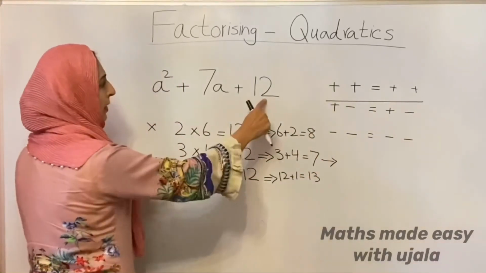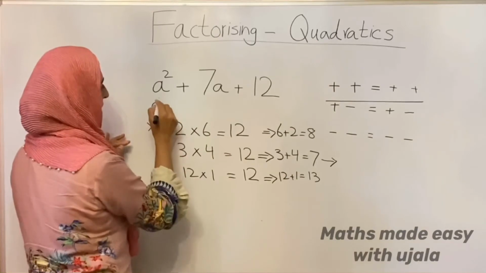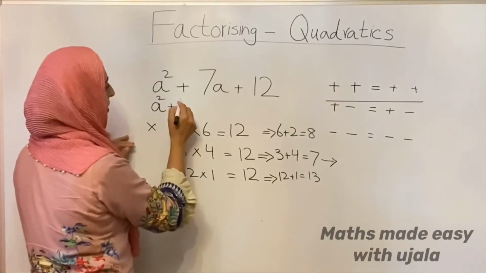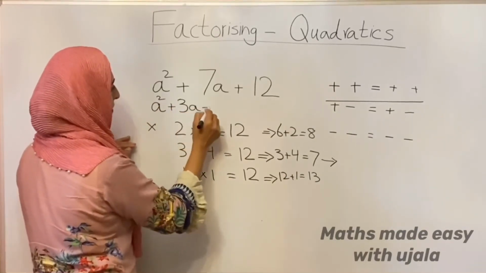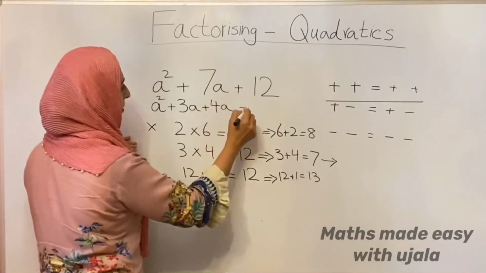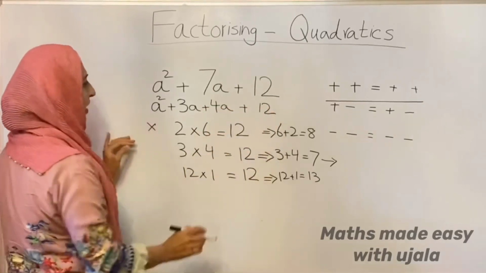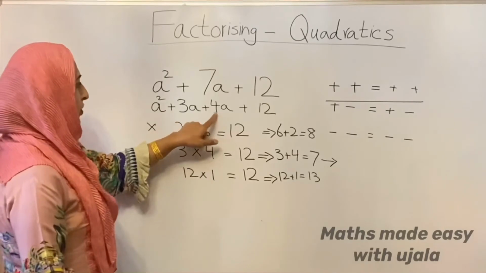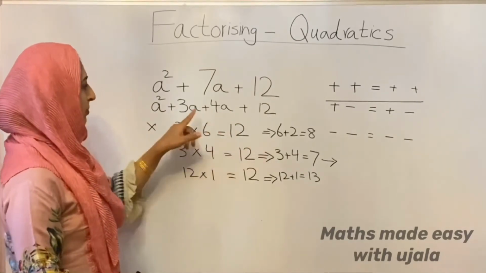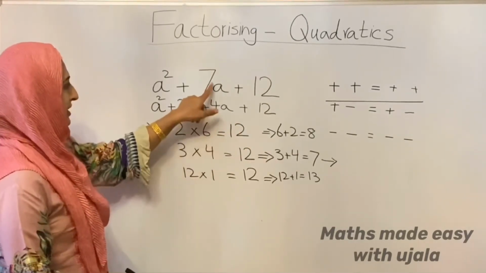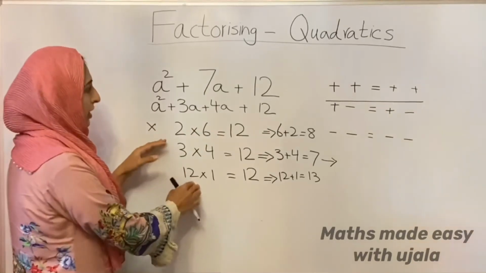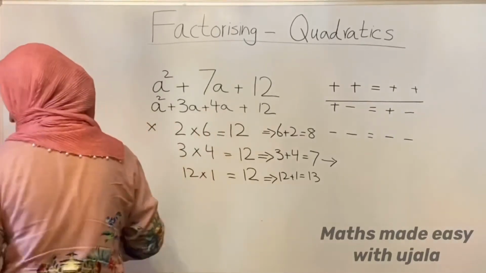Because if you are multiplying a square plus 3a plus 4a plus 12. So if I am multiplying 4 times 3, 12. But if I'm adding them, 4 plus 3 is 7. So this factor is fixed in this equation.